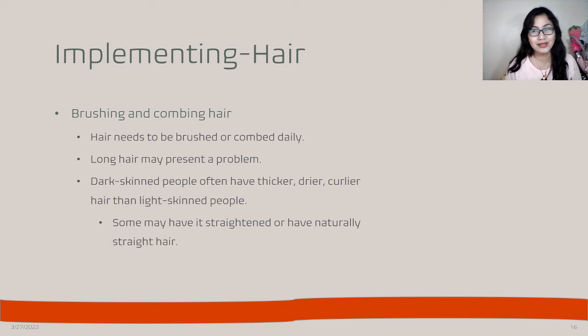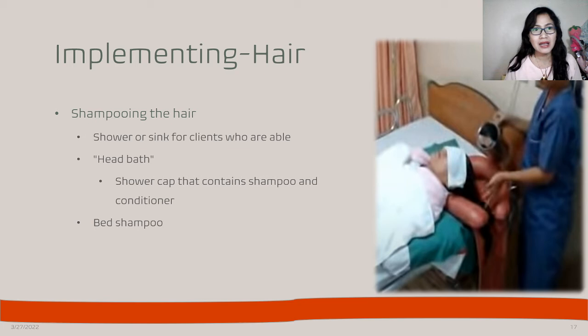So that's the variation. In shampooing the hair, actually this one is part of your RLE. So let's have a quick look at it. You need a shower or sink for clients who are able to do this self-care. But in some facilities, there is what is called a head bath, where a shower cap that contains shampoo and conditioner can be placed.